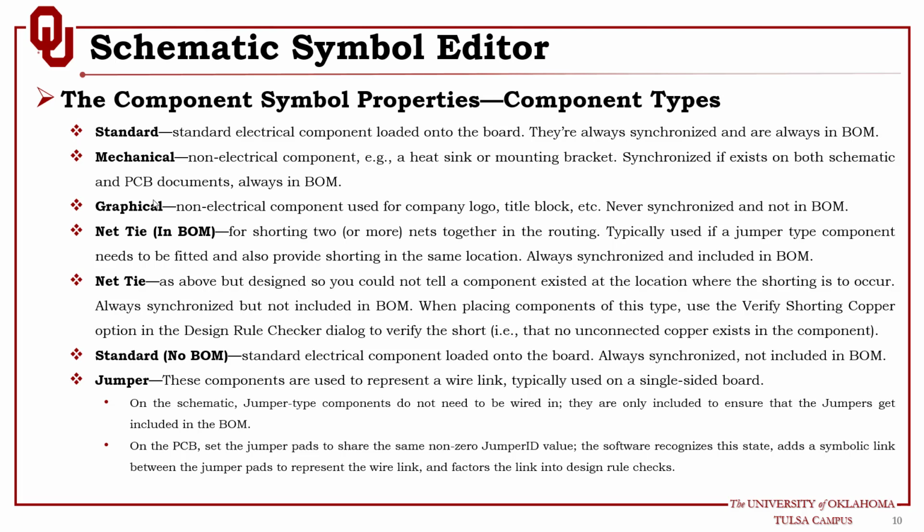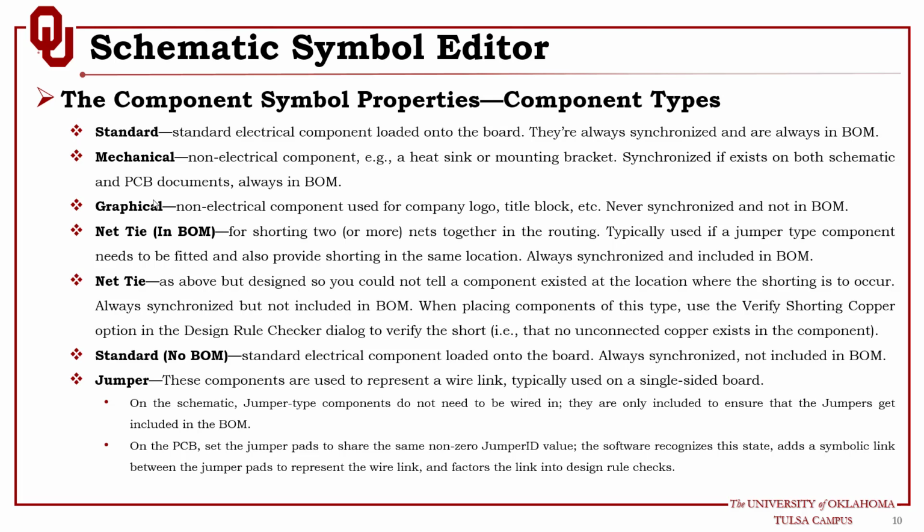Net tie can be transferred to the bill of material, and basically this is used for shorting two or more nets together in the routing process. We can talk about this in more detail later on, because it's a special subject. Net ties are not a very common subject for most PCB designers, but sometimes it's very important.